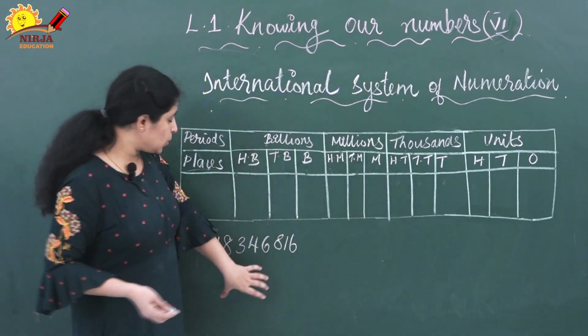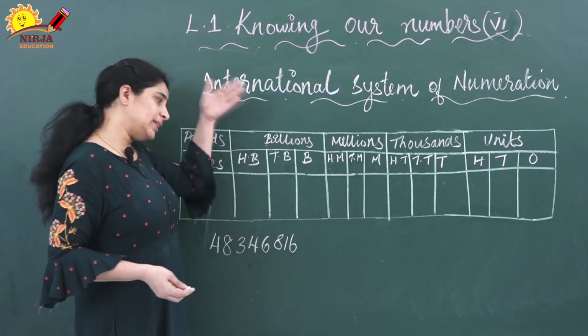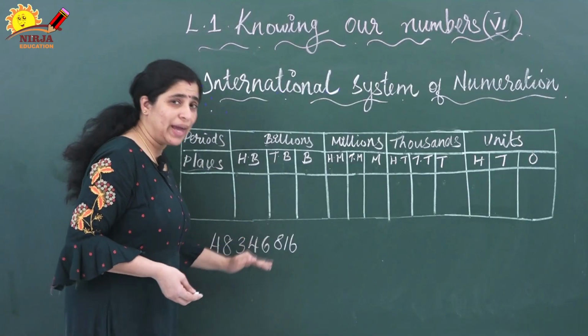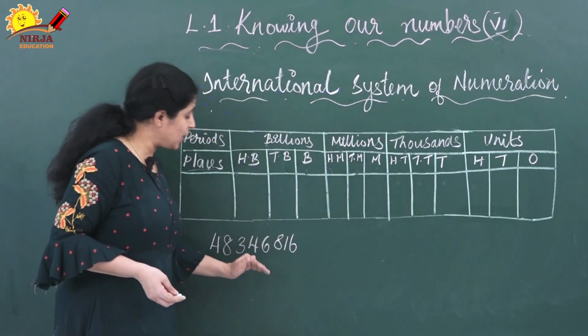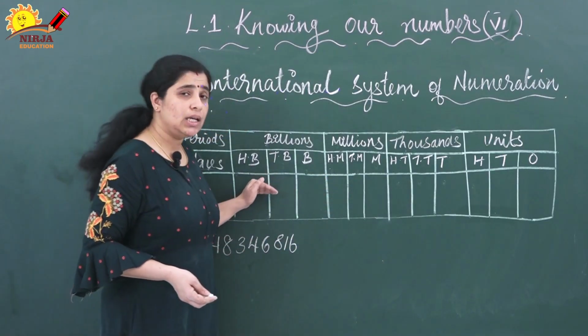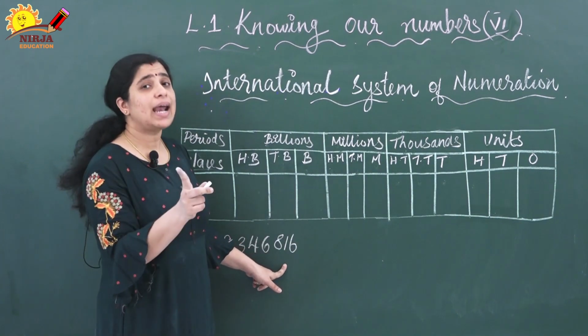Now I have taken one example here. Like in the previous case, we have to enter this number in this table. Here also we have to start from the right hand side.